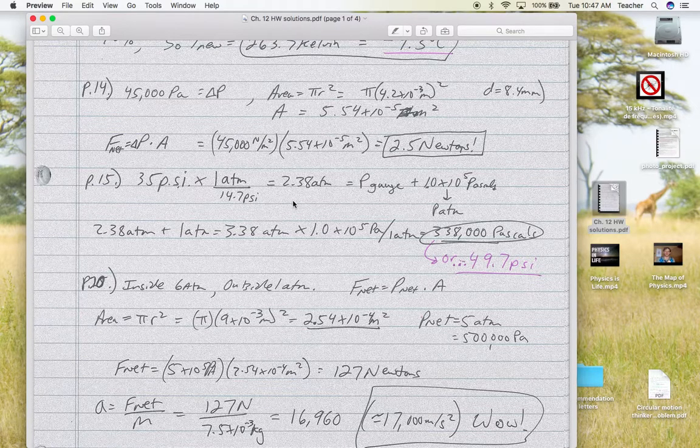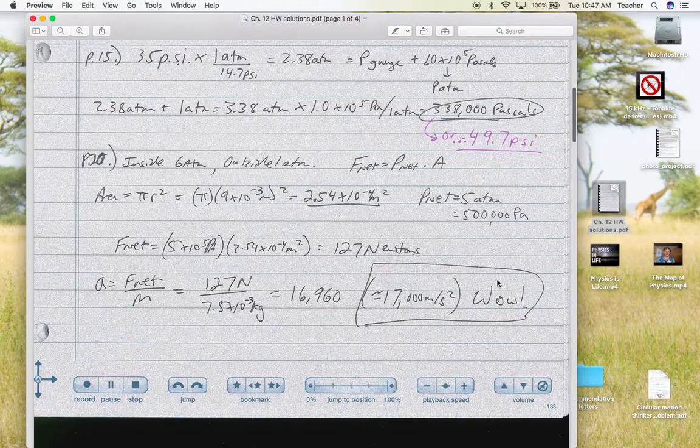So I converted to atmospheres, got absolute pressure, and then recognized as this went up what things would be in terms of PSI. So basically, I was thinking about absolute versus gauge pressure.